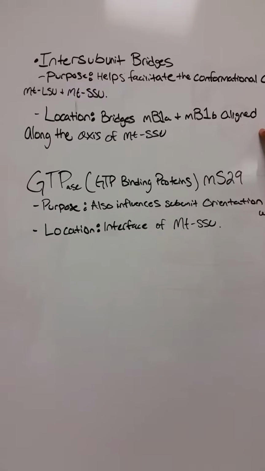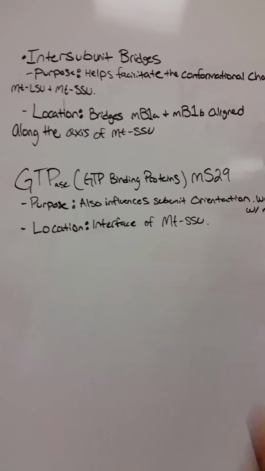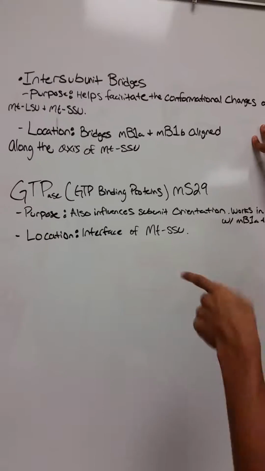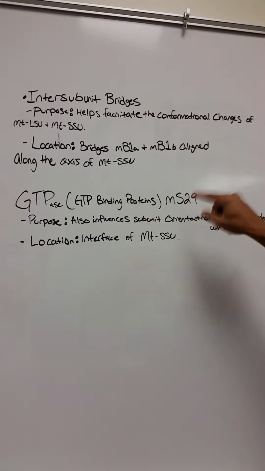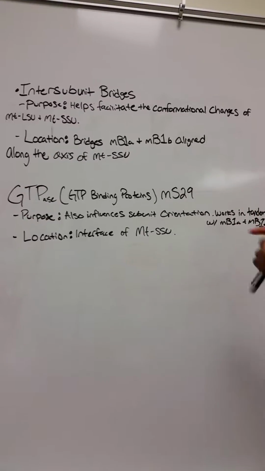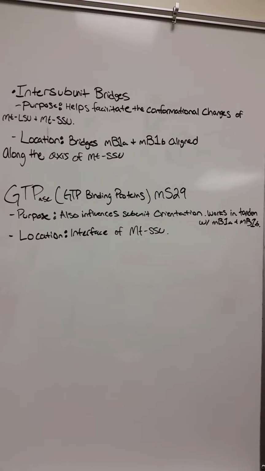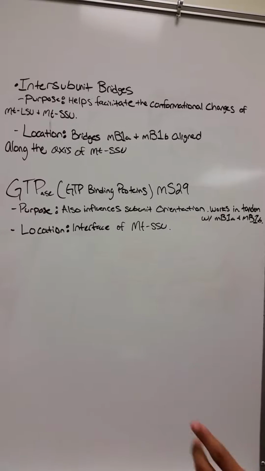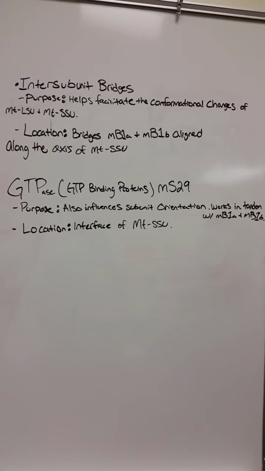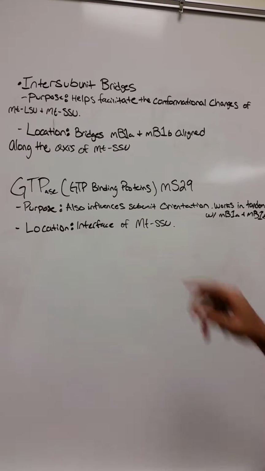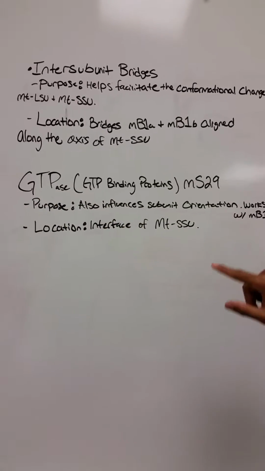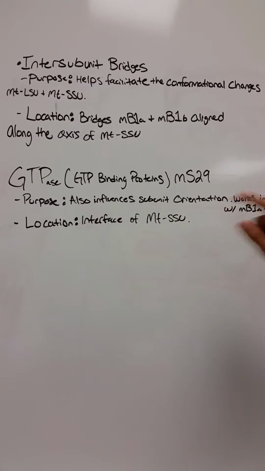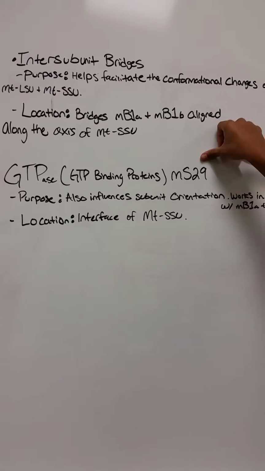These are different from bacterial ribosomes in that they lie along this axis of the mitochondrial small subunit ribosome, and they help facilitate those conformational changes, allowing for the translation of mRNA.